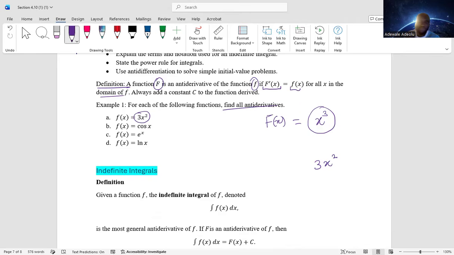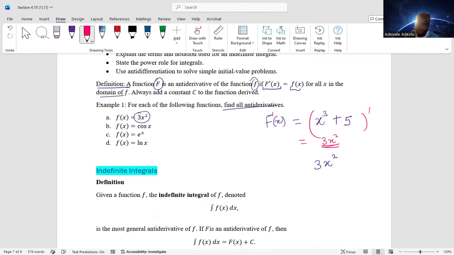However, we will quickly notice, is that the only function that can give us that result? Maybe not. For example, if I add 5 to this and take the derivative of this function, that is 3x squared plus 0.